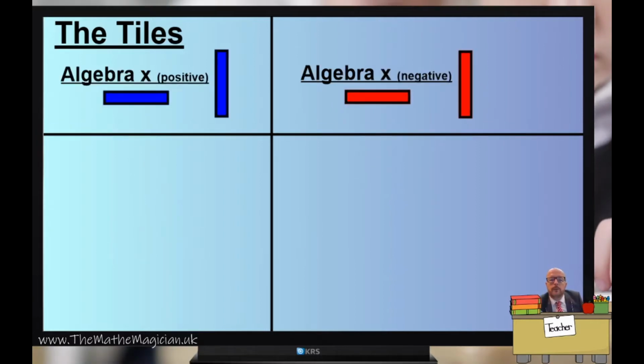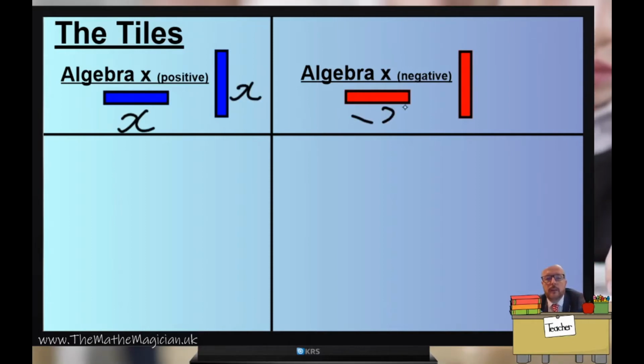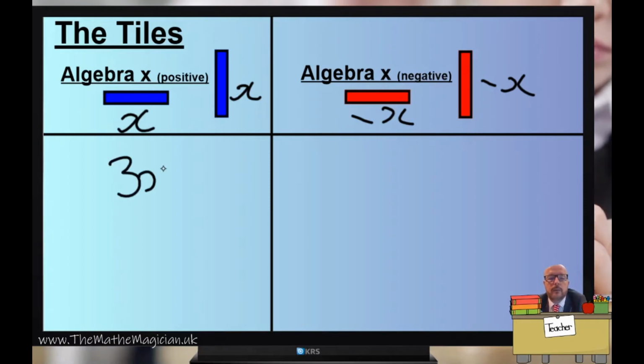Right, we've looked at numbers, now let's look at letters, so let's look at algebra. We've got an x, and this is still an x. This is a negative x, and this is another negative x. Doesn't matter which way round they are. So if I want to show 3x, what do you think I do?